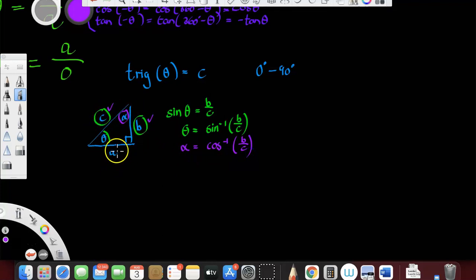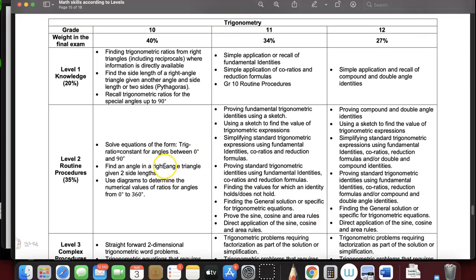I could get A using Pythagoras, and then use sine for alpha, or cos for theta. But make sure you know how to do this. When you read this, you need to be able to tick it and say, I know how to do that.